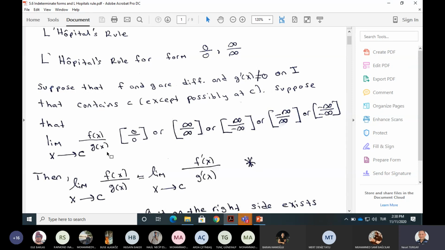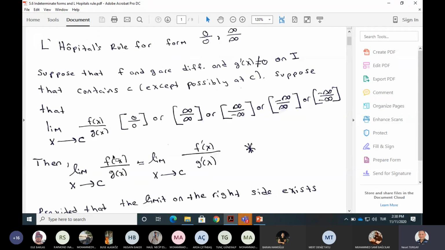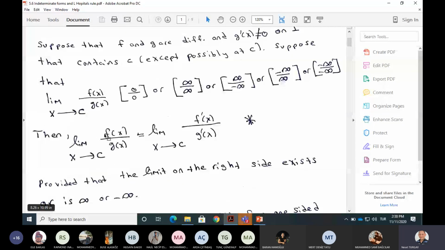If you face a situation like that, then L'Hopital's rule says, don't worry, you can use L'Hopital. How does it work? This limit now equals the limit as x goes to C. Listen to me very carefully, my friend. This is the numerator. You are taking the derivative of the numerator.